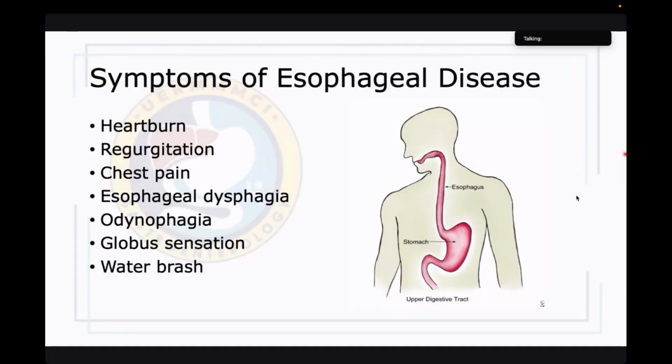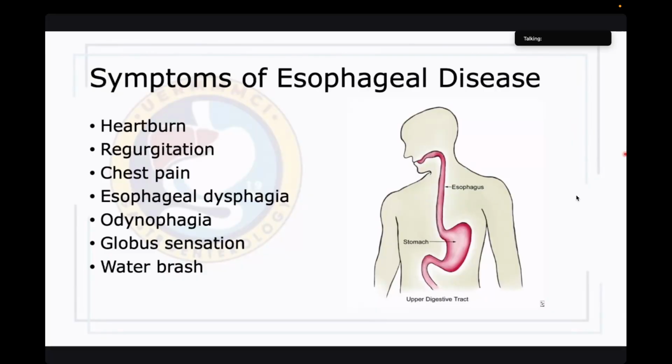Esophageal pain is usually felt as a substernal pressure or squeezing sensation in the mid-chest. And for patients with chest pain, we should always rule out cardiac causes first, as heart disease is more common and is definitely more life-threatening.